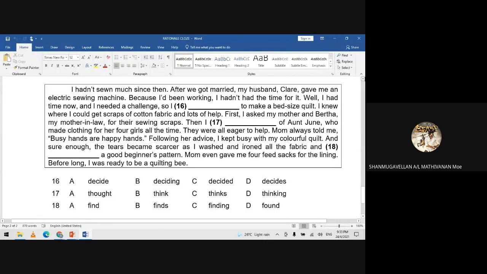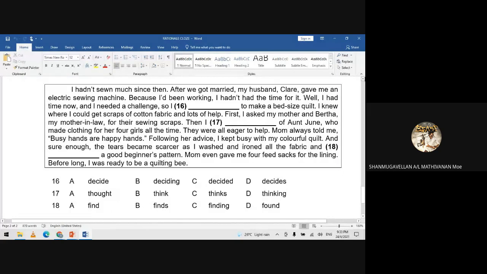"Then I asked Aunt June, who made clothing for her four girls all the time. They were all eager to help. Mom always told me busy hands are happy hands.